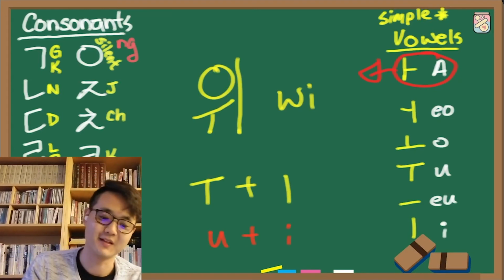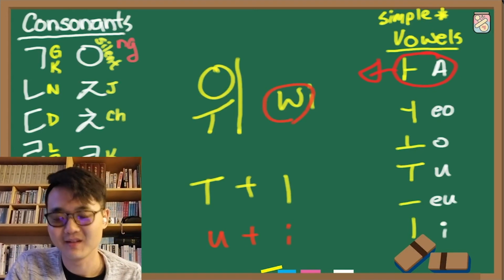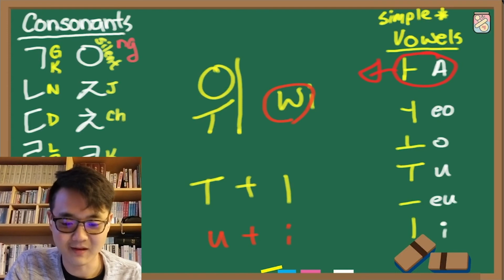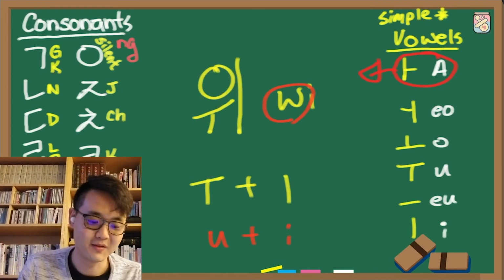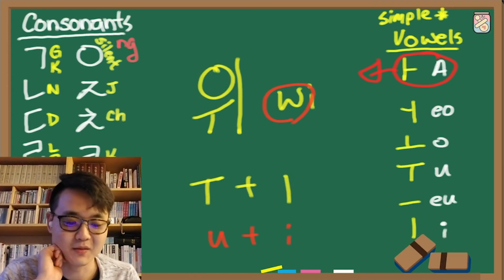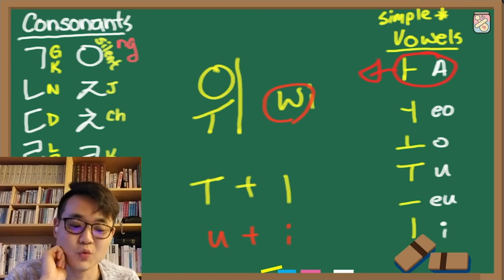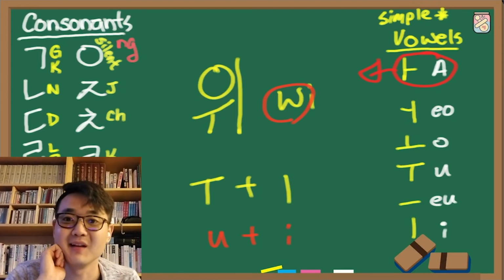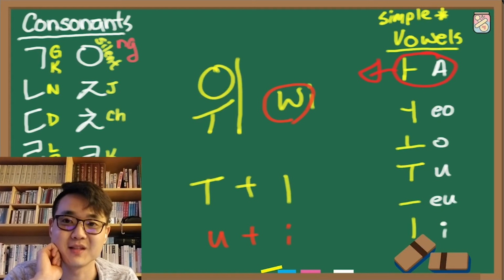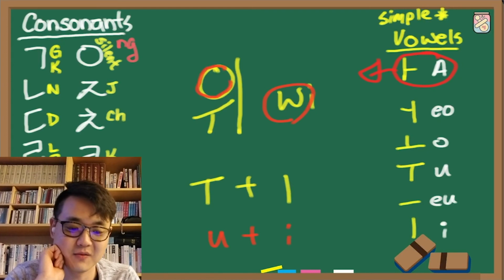Because the next one that comes up is written with UI. And we has that oo sound, so it has that W inside. Whenever the O consonant is met with this vowel oo, you can presume that there will be a W in front.